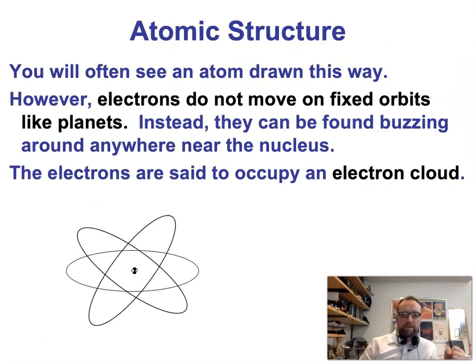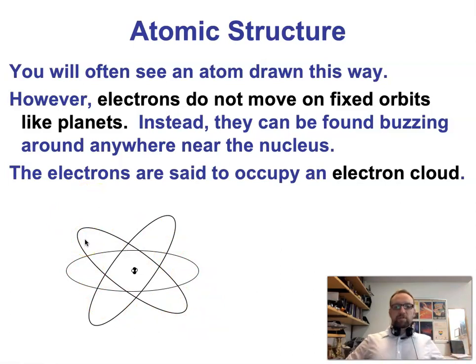So, quick recap. What is an atom? Well, an atom is an atomic nucleus made up of protons and neutrons, surrounded by and orbited by the electrons. And in your typical cartoon of an atom, it looks like you've got this atomic nucleus with the electrons orbiting around it the way planets orbit the sun.